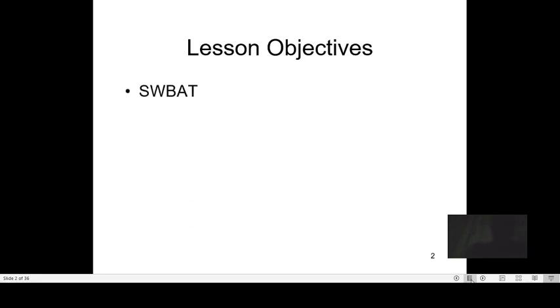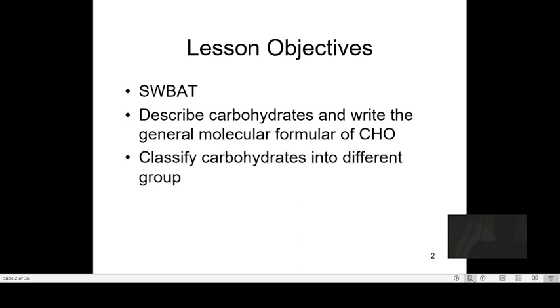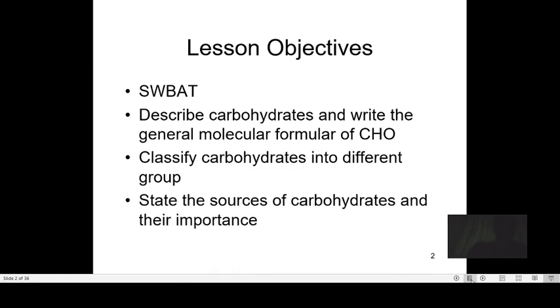You should be able to describe carbohydrates and write the general molecular formula of carbohydrates. From there, we will also classify carbohydrates into different groups. And lastly, we'll be able to state the sources of carbohydrates and their importance to animals.